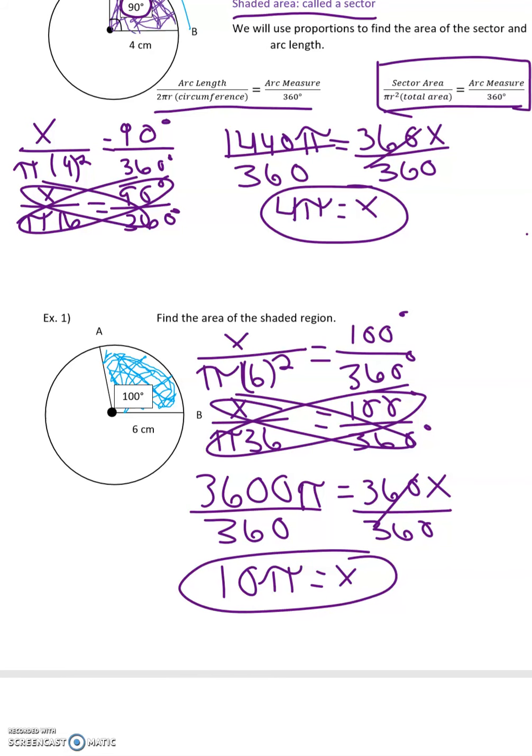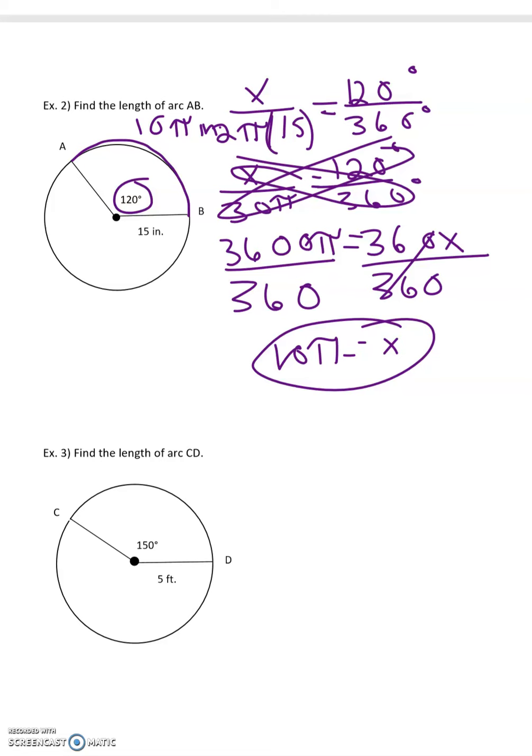So remember what this is representing. It's representing the length of this arc right here. This is in inches, so in this case the length of that is 10 pi inches. So again, if you wanted to pause and try this last example here on your own before I go over it, that's fine. Now would be a good time to do that.